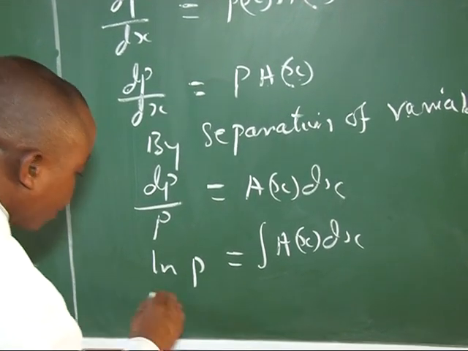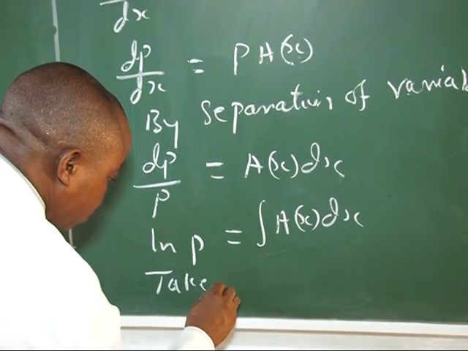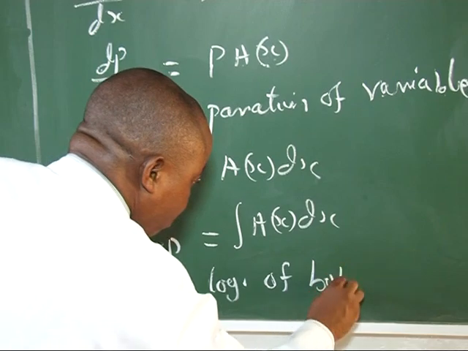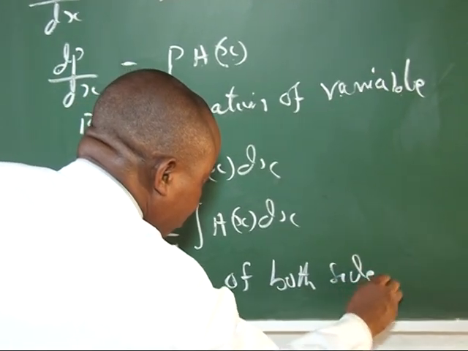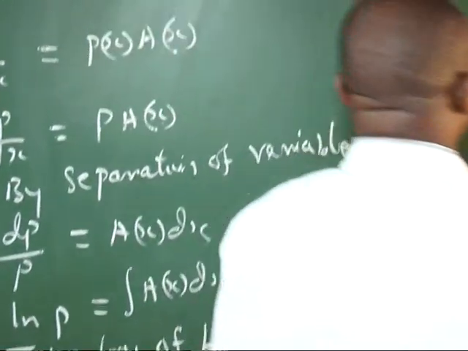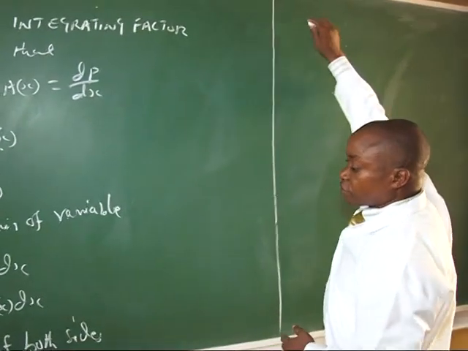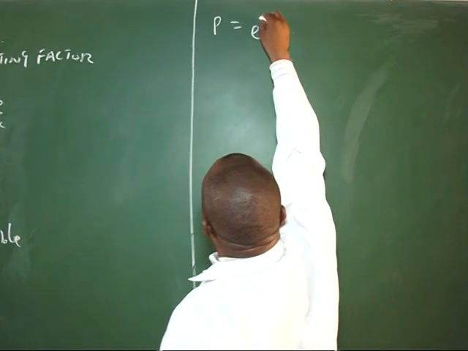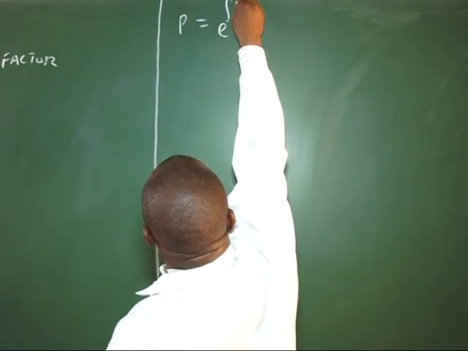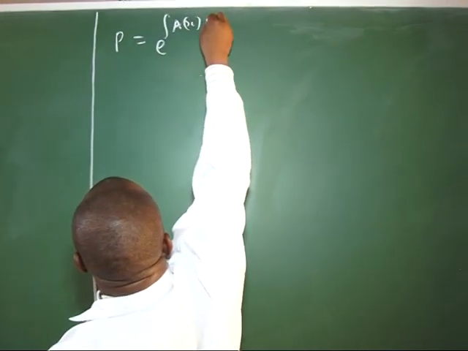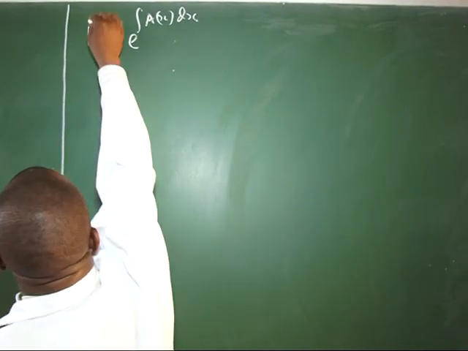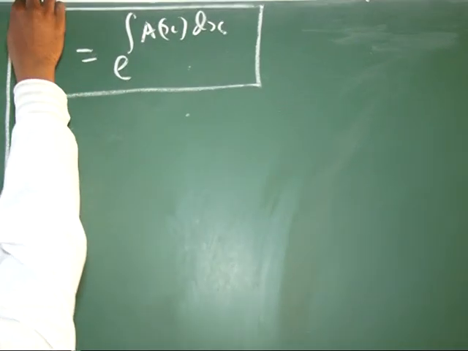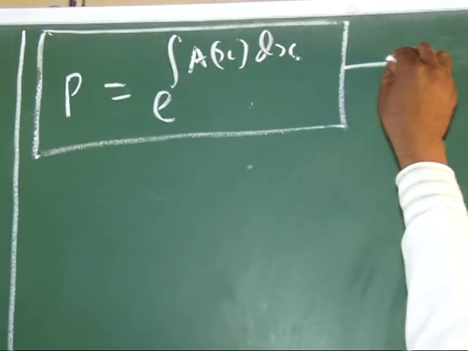If I take the exponential of both sides, I will have that p is equal to exponential of the integral of a of x dx. Now, this one is the integrating factor.